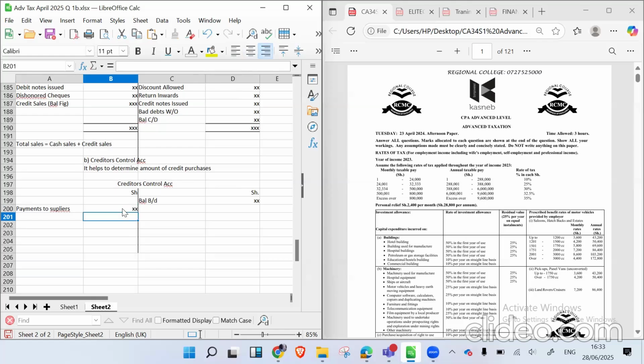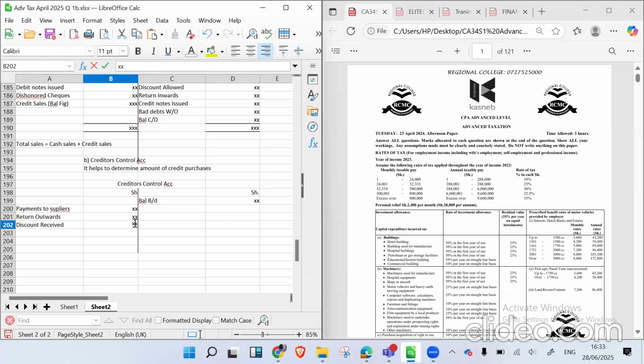We pay them that much. It will also be reduced by return outwards, and by any discount received, if we have any.